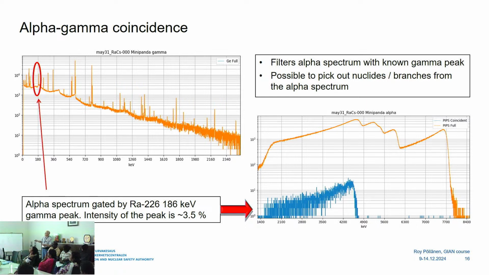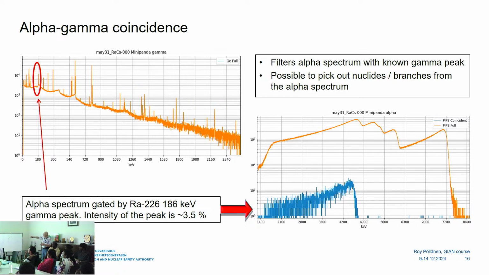However, in this case we can detect those alphas when these gammas are detected at the same time, and register alphas only.